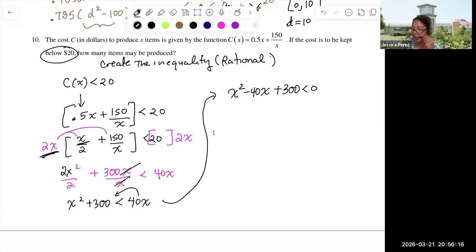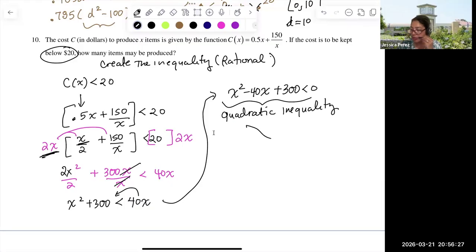Now that I have a quadratic inequality, I'm going to have to factor. So I need two values that multiply to give me 300 but add to negative 40, that's negative 30 and negative 10. So this factors as x minus 30, x minus 10, which is equal to 0.